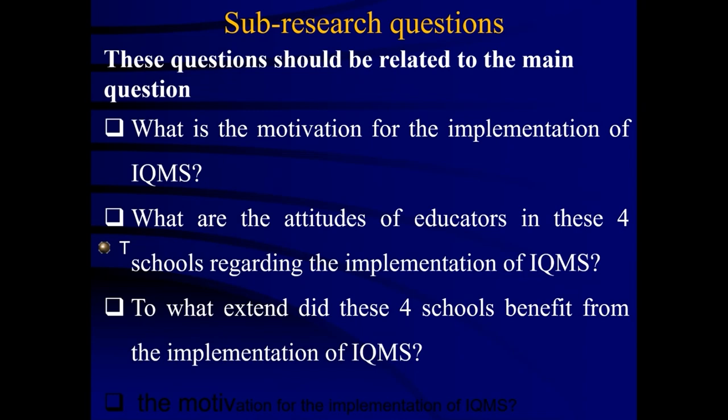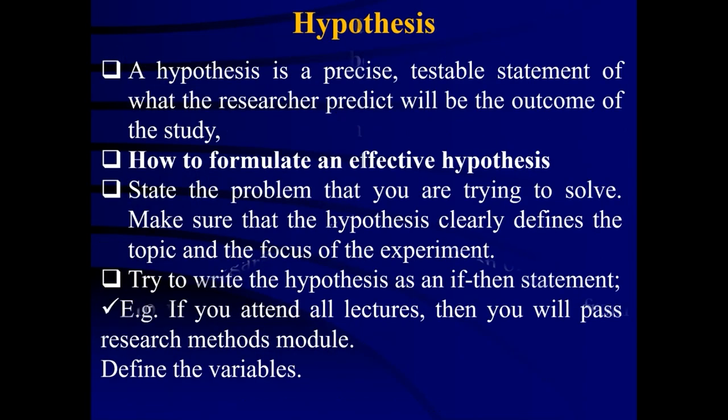And then the last one, to what extent do these 4 schools benefit from the implementation of IQMS? So if you check these 3 questions, they are designed to support your main research question. Once you have that main research question, you have to have sub-research questions to support or to answer your main research question. We should see the alignment between the two.